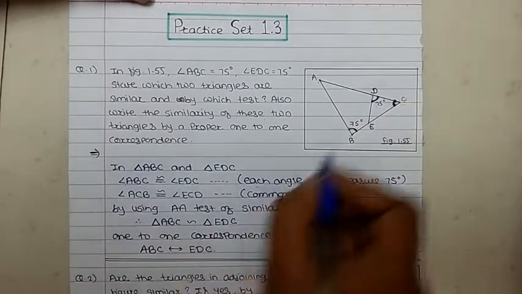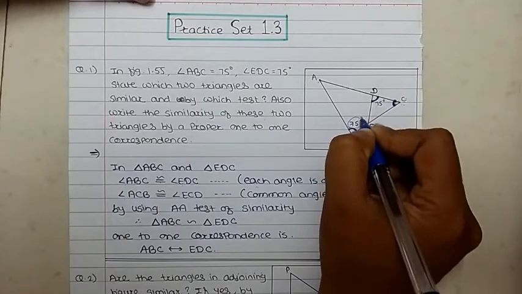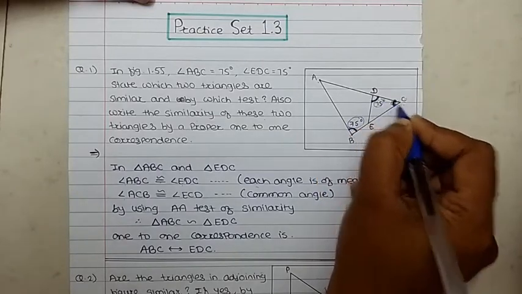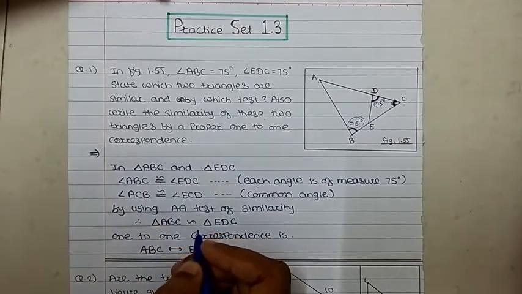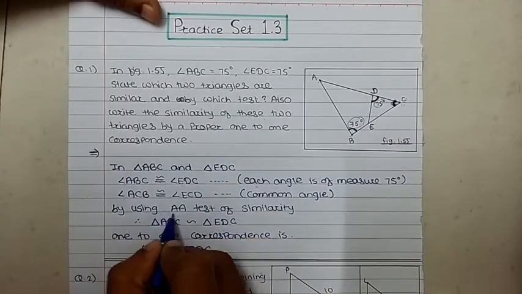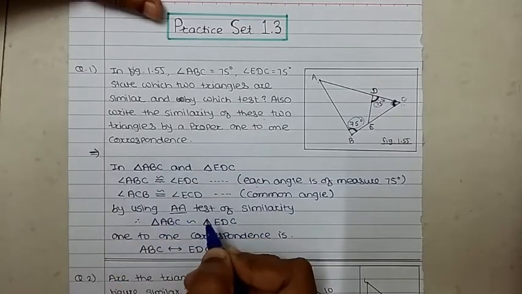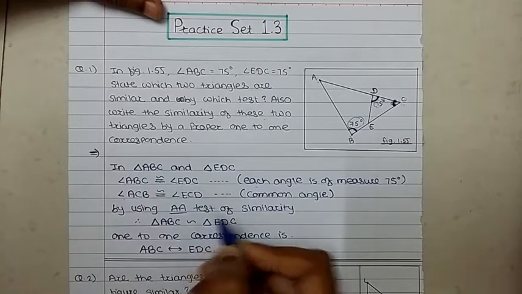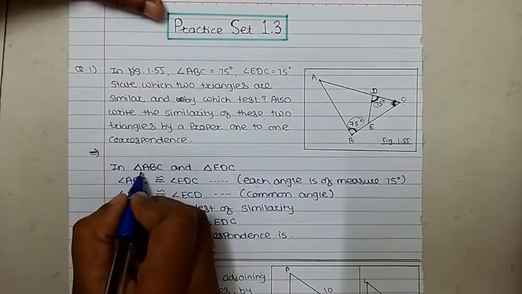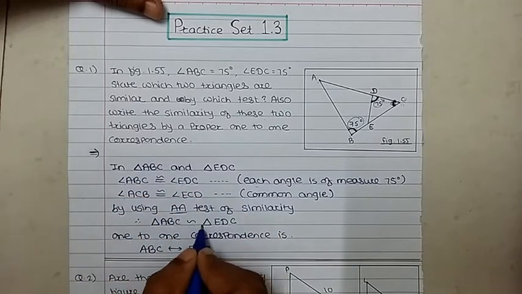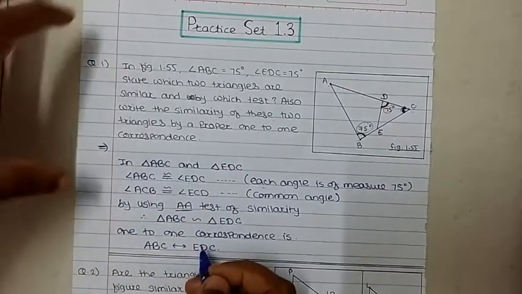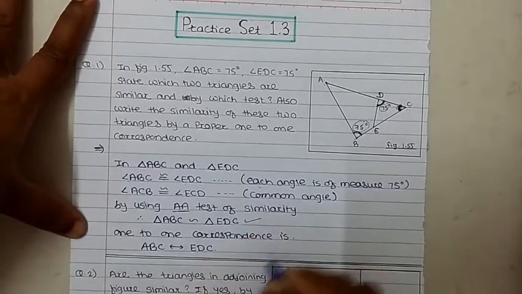Then two angles are equal, so by using the AA test of the similarity property, we can say that triangle ABC and triangle EDC are similar triangles. Clear?